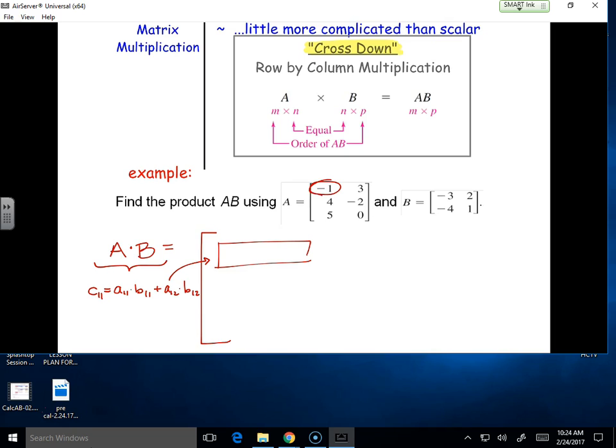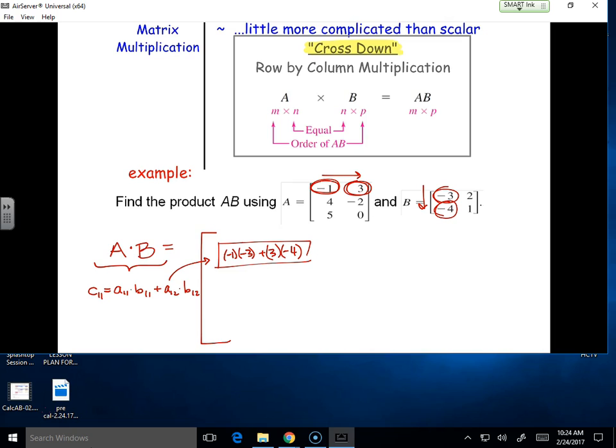So, ready? What is that? Yeah, you got it. That is the first times the first, aka -1 times -3, plus go across the second, go down times the second. Think dot product, kind of. Cross down.